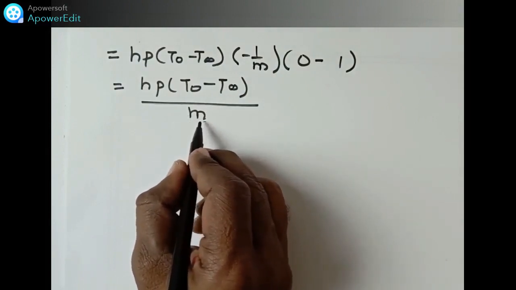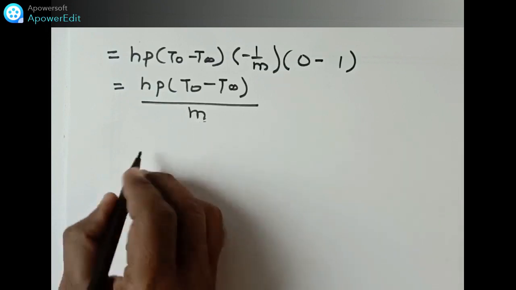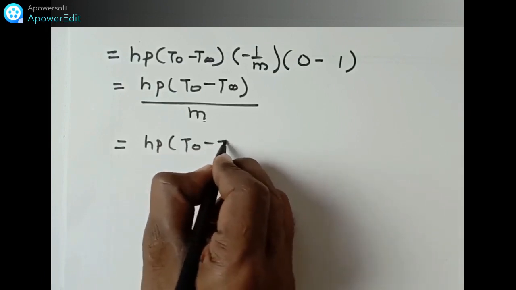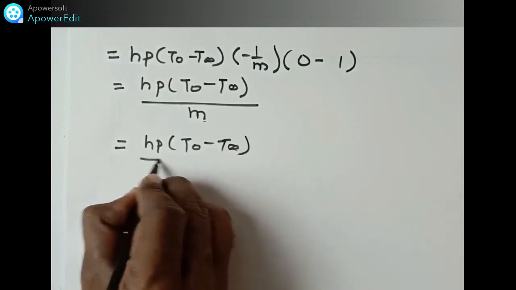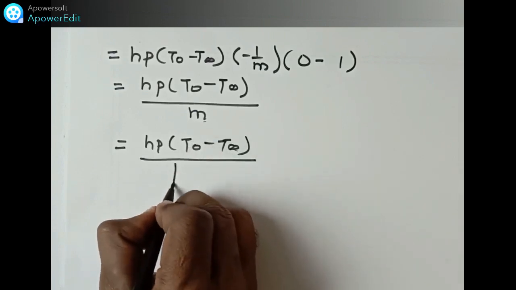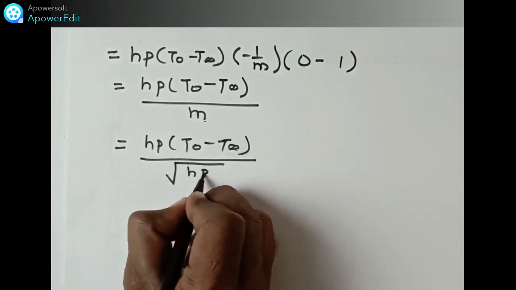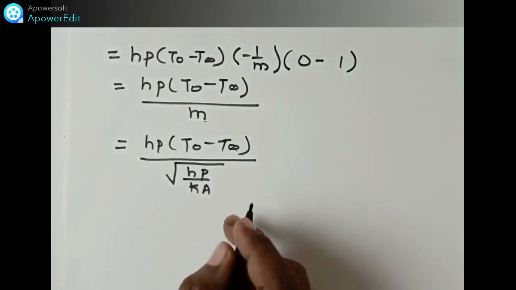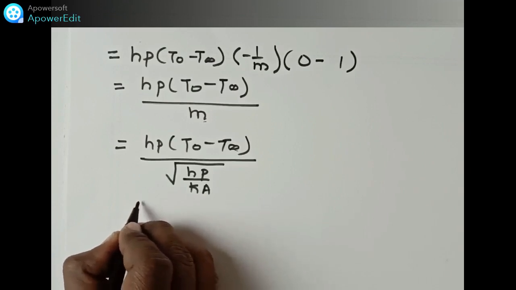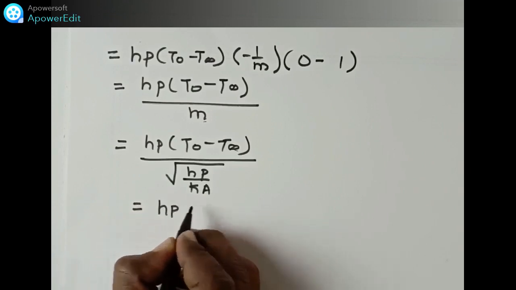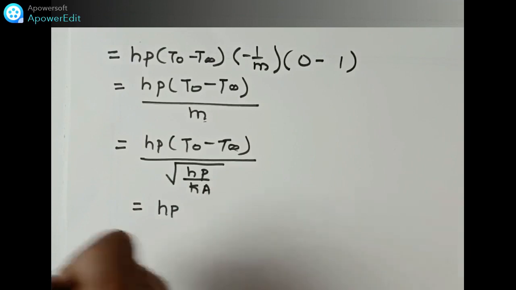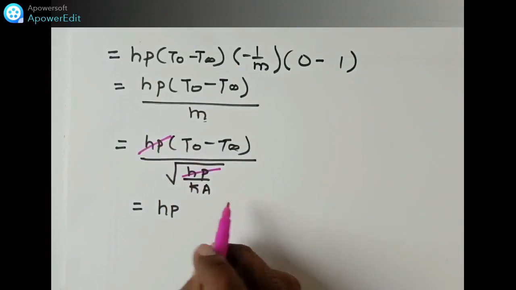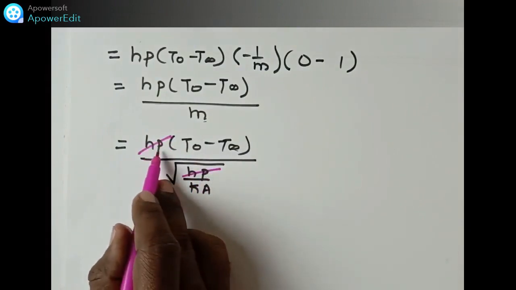Now M is square root of HP by KA. So further next HP into this temperature difference, at the place of M we know that it is square root of HP by KA. So by simplification of this we will have here this HP will get cancelled with this HP. This is square root of HP and this is HP.